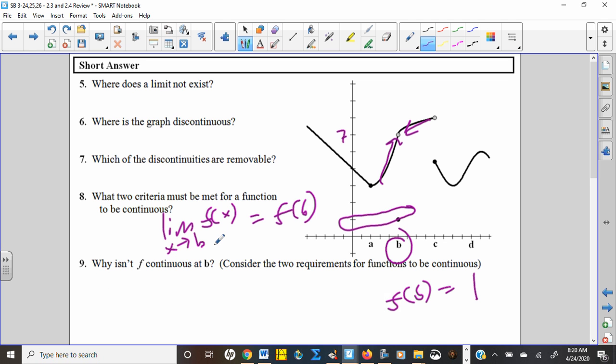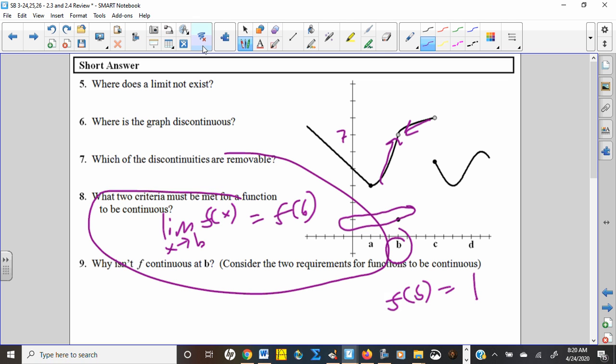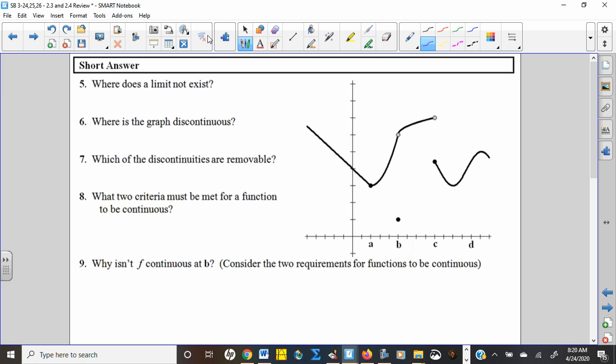It says consider these two requirements, right? So if it tells you to use something, then always use that.